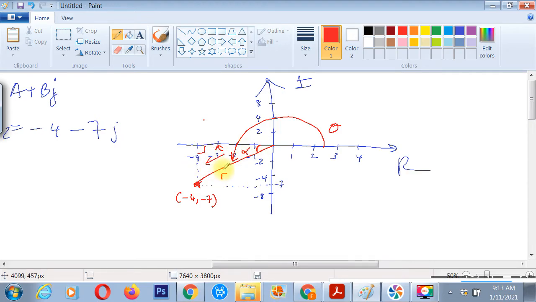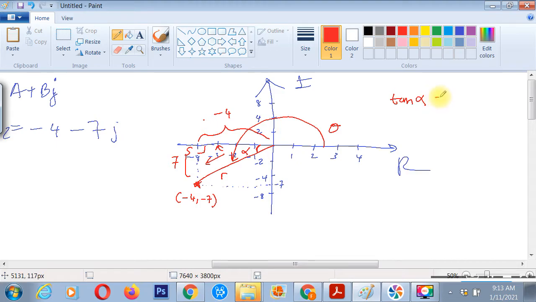Okay, so what is the value here? The value here is 7, and the value here is -4.